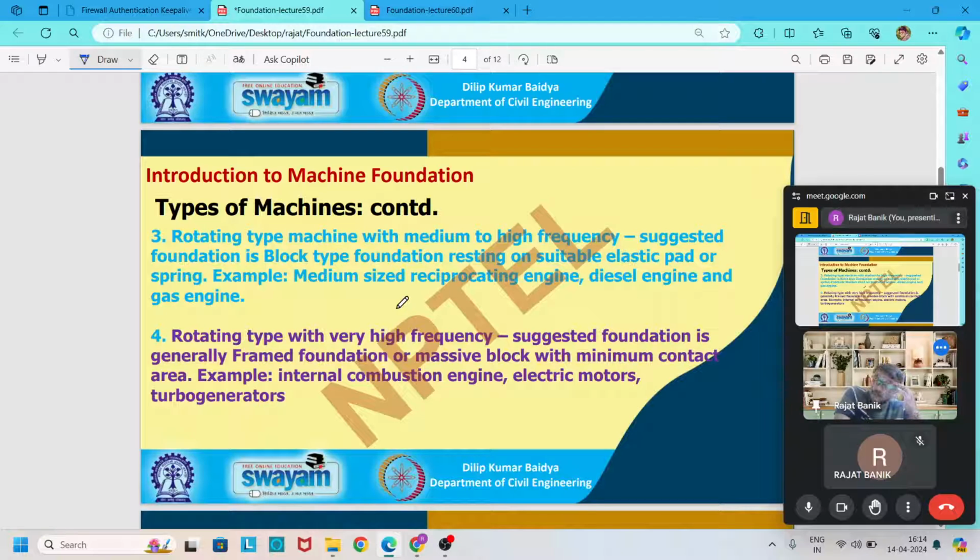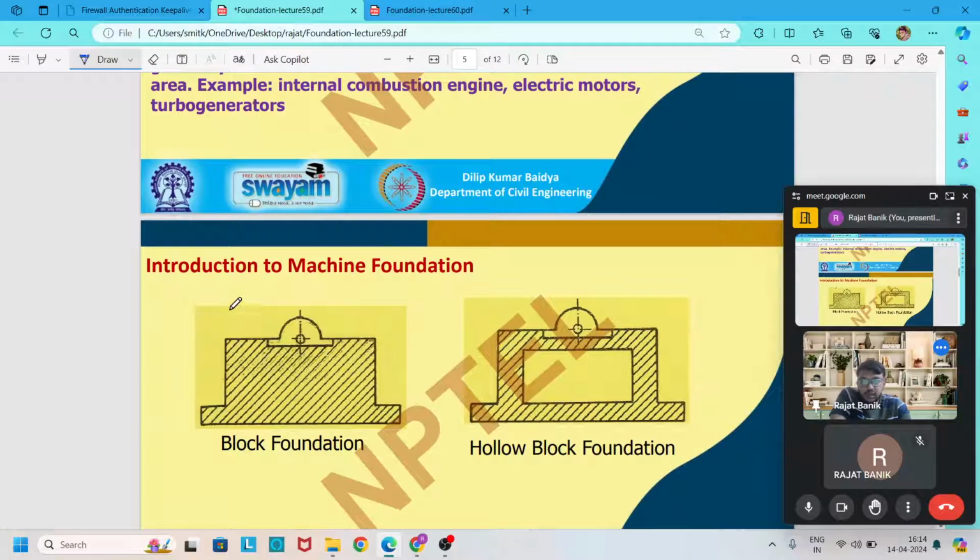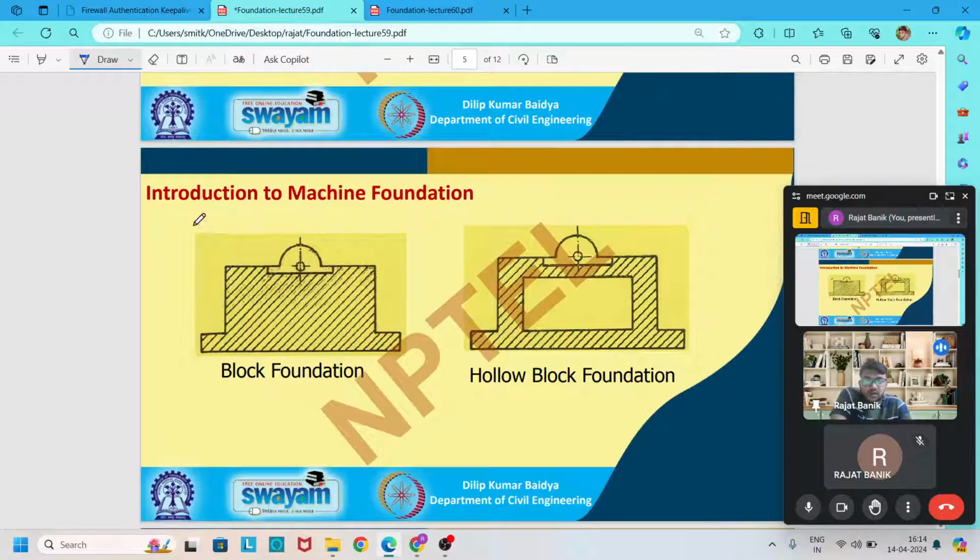Examples of rotating type with very high frequency are internal combustion engine, electric motor engine, and turbo generator. So for this type of machine, we use framed foundation or massive block with the minimum contact area.